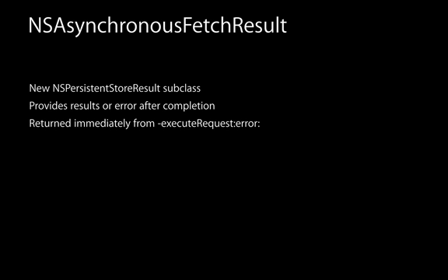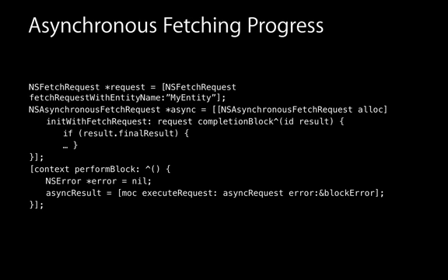NSAsynchronousFetchResults are also pretty simple classes. Again, it's a subclass of NSPersistentStoreResult. This will provide results immediately on a property on the fetch result, or there'll be an error on it after completion if for some reason the fetch failed. It's returned immediately from executeRequest:error:, or nil if there is an issue.